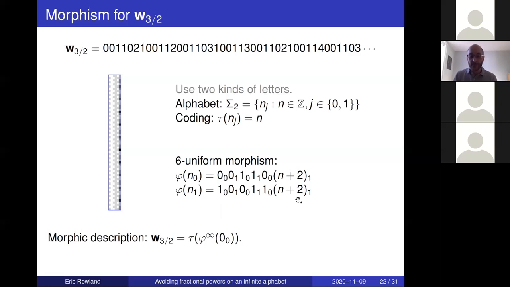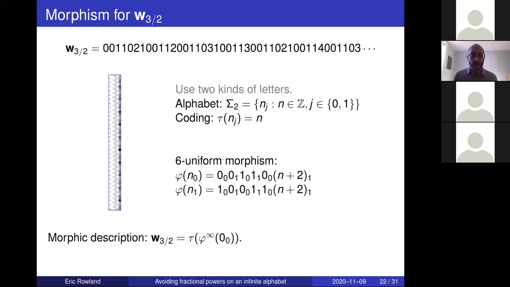So this is a 6 uniform morphism, but it's letting us keep track of which row we're on. And so these subscripts increase by 1 modulo 2, 0, 1, 0, 1, 0, 1 across each image, because that way we're going to keep track of the row. And if you start with 0, 0 and apply this morphism, then you're going to approach a fixed point. And then if you apply the coding, then you get W3 halves.